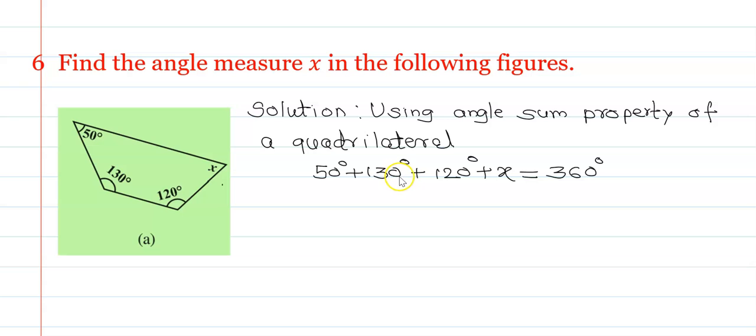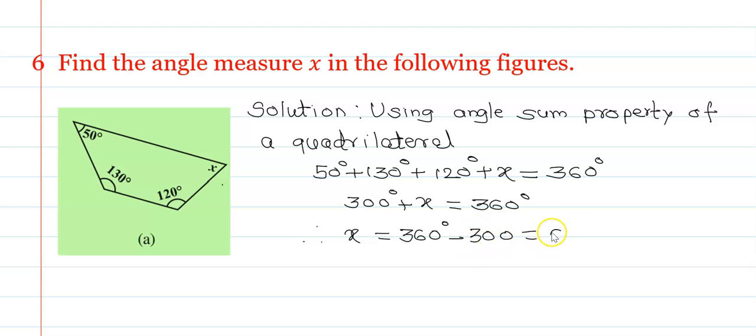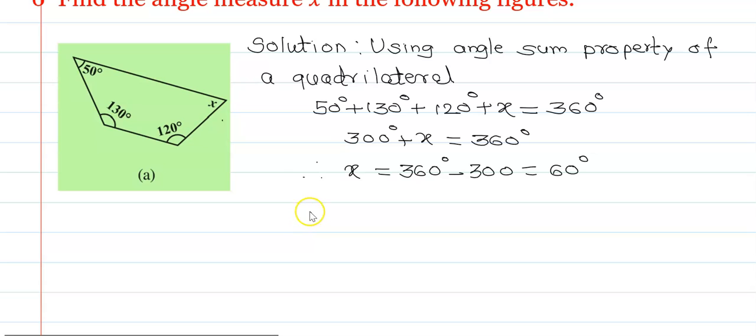Now here 50 degree plus 130, that is 180. 180 plus 120, and that makes 300 plus x is equal to 360, and therefore x is equal to 360 degree minus 300, and that is equal to 60 degree, and hence here x is equal to 60 degree.